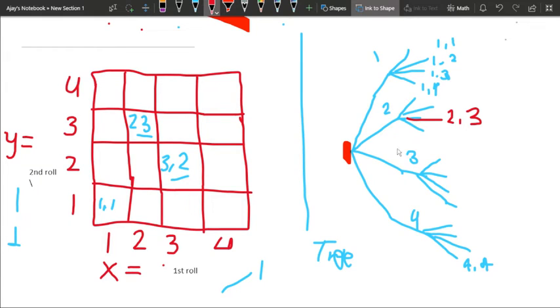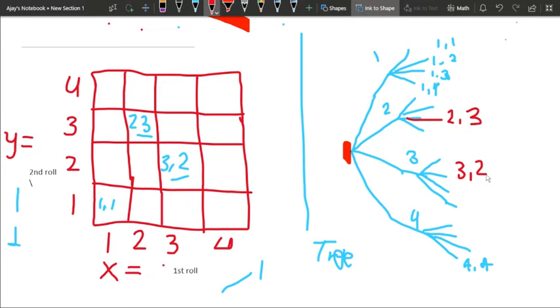I'm saying again, the outcome 2 followed by 3 is different from the outcome 3 followed by a 2, which would correspond to this particular place in the diagram.